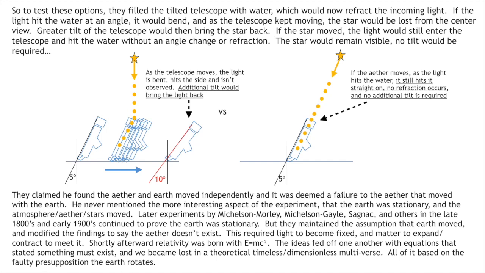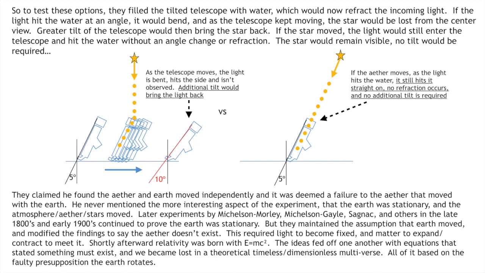As he tilted the telescope, he saw absolutely nothing. And essentially, the water had no effect, and the light still hit the observer. So it was deemed a failure to detect ether within the moving Earth as dependent and moving with the Earth.